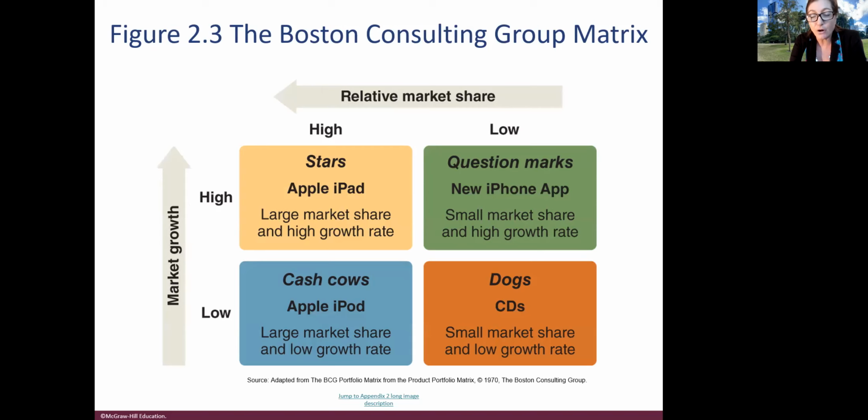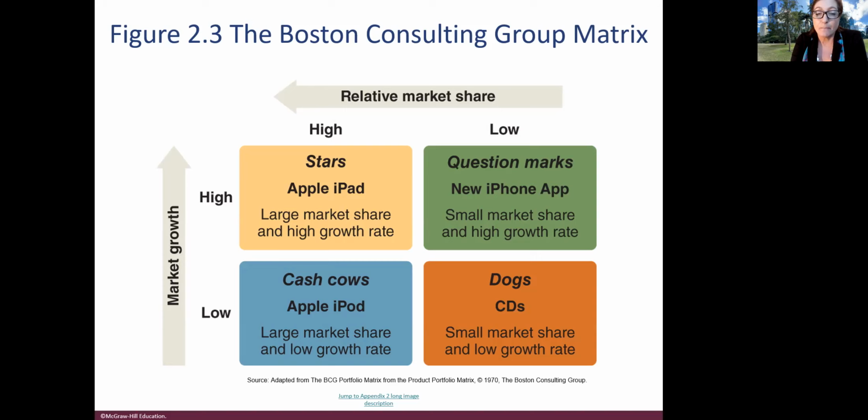And the Apple iPod is put forward as an example there. So when we're talking about high market growth teamed with also high market share, we're talking about the stars of the market. And an example put forward is the Apple iPad.